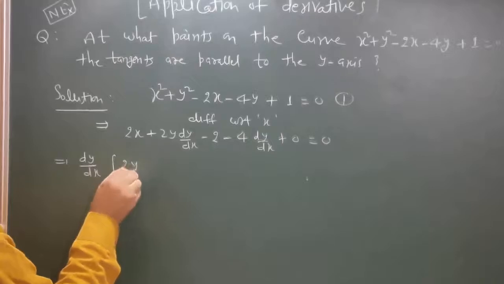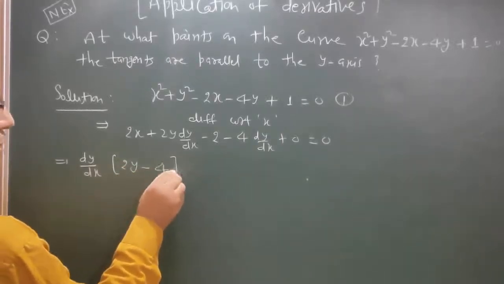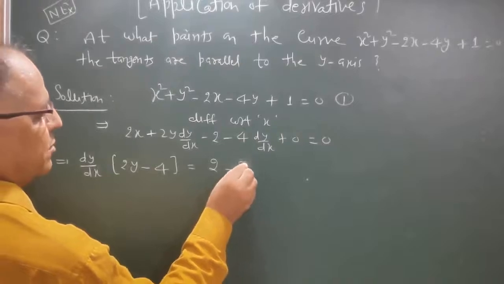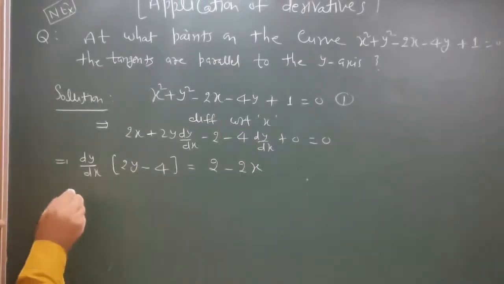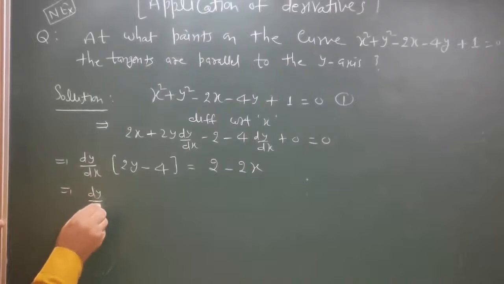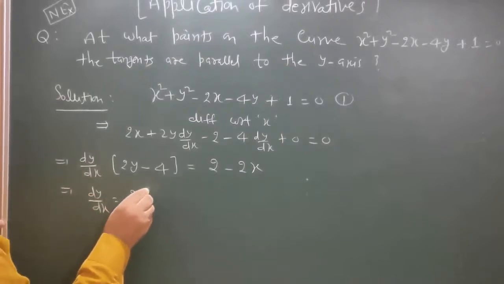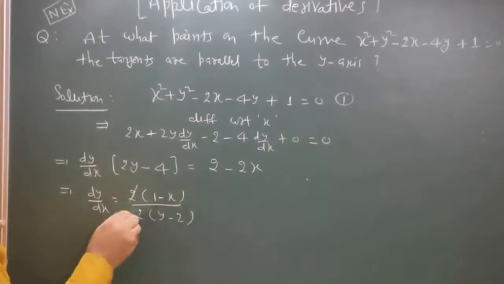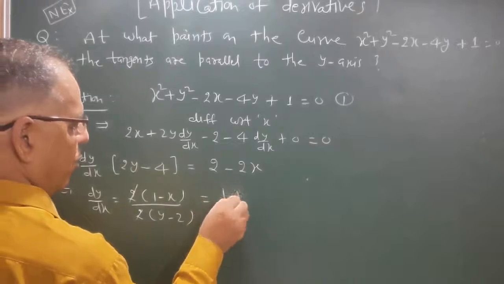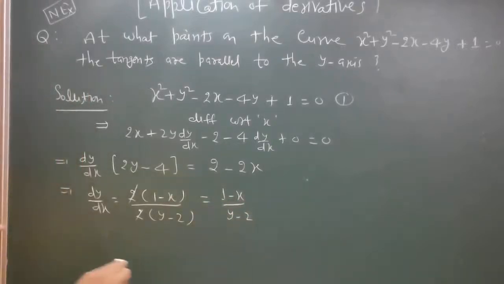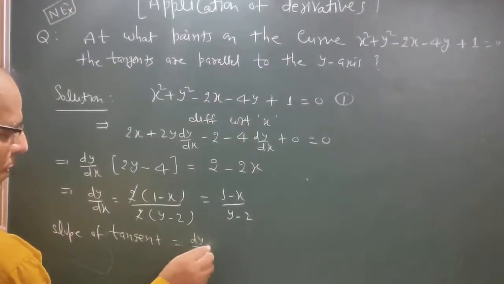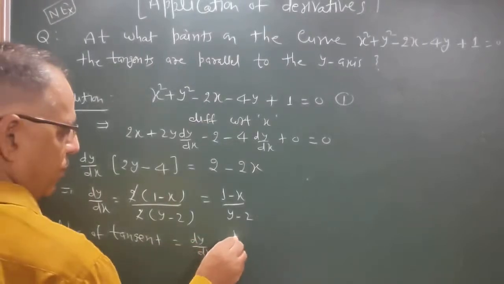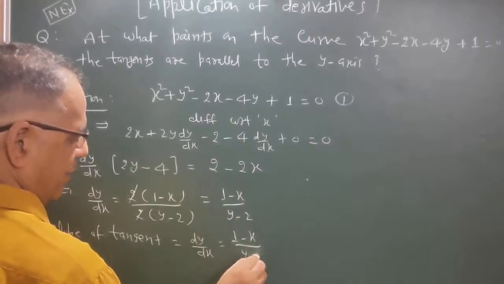So we have (2y - 4) dy/dx = 2 - 2x. So now dy/dx is equal to 2 common (1 - x) upon 2 common (y - 2). 2 and 2 cancel out. We have (1 - x)/(y - 2). So the slope of tangent, dy/dx, is equal to (1 - x)/(y - 2).